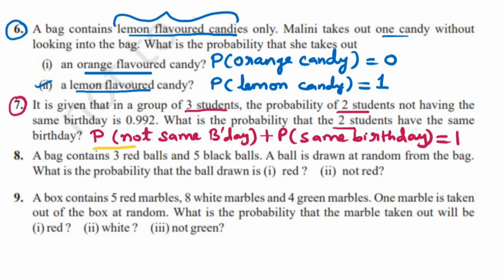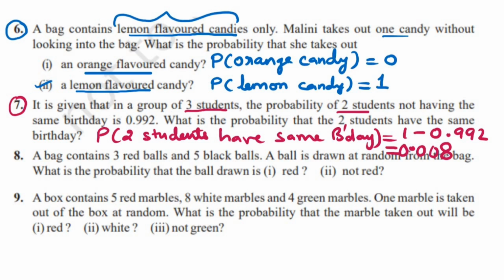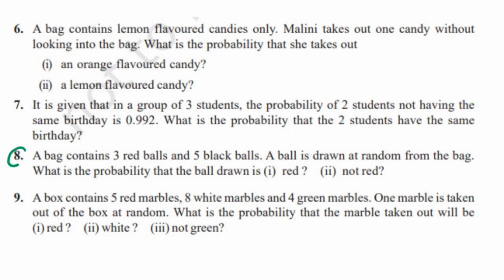So probability of not having same birthday plus probability of having same birthday should be 1. In place of probability of not same birthday, we will substitute 0.992 and get the probability that the two students have same birthday. Now we will transpose 0.992 to the other side, and 1 minus 0.992 will be the answer, which is 0.008.